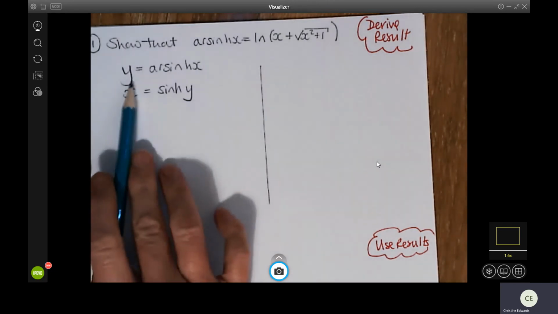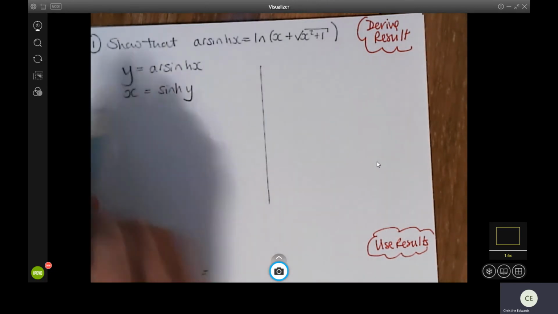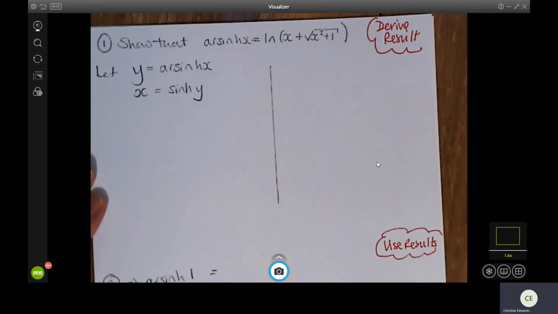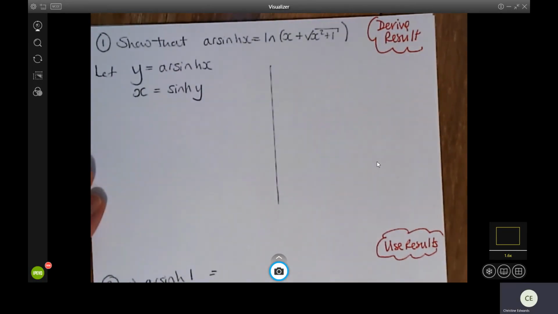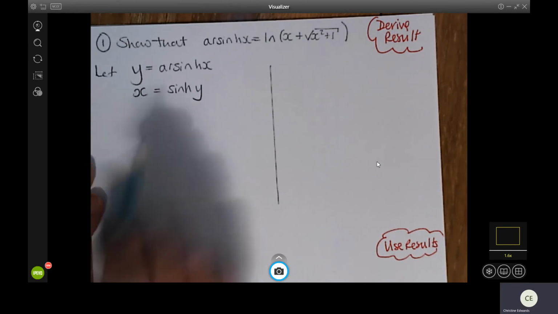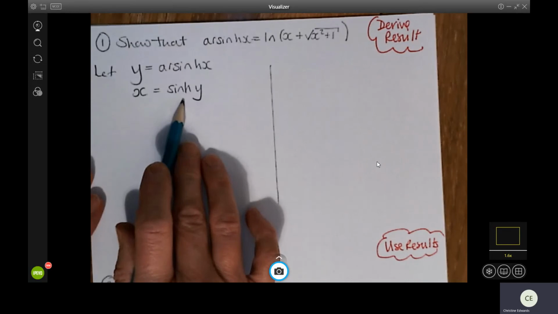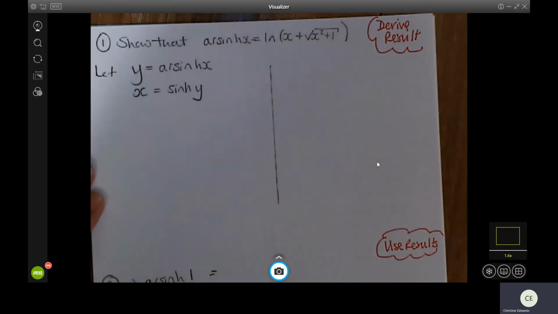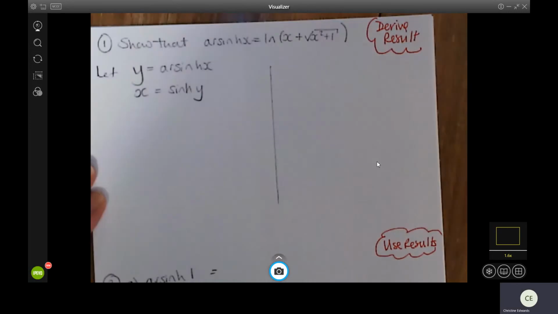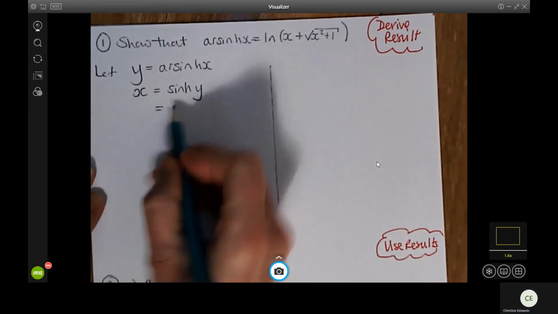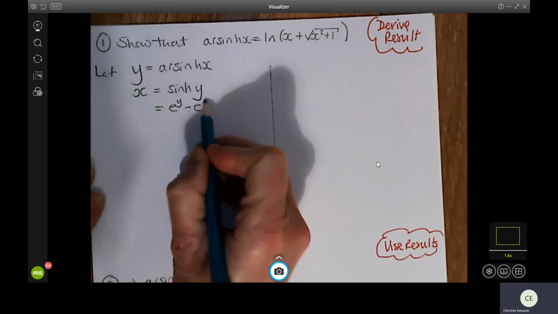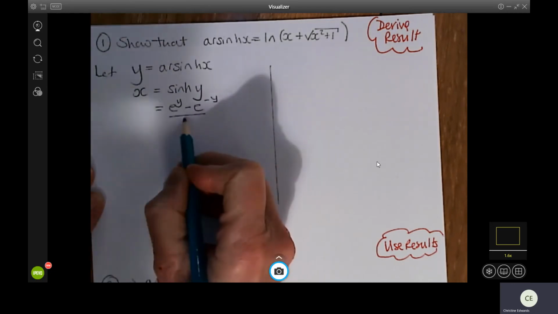So we have y equal to the inverse of hyperbolic sine of x. That allows us to write that x is sinh of y. And now we can move to using our definition. So we have e to the y minus e to the minus y over 2.